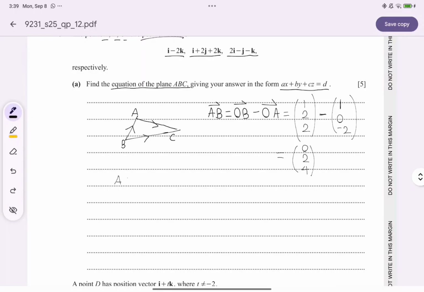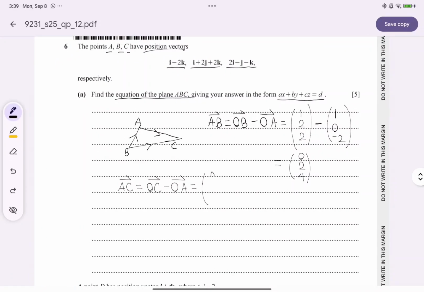Now let's find AC. So that's just OC minus OA. So OC is (2, minus 1, minus 1) minus OA (1, 0, minus 2), which gives (1, minus 1, 1).